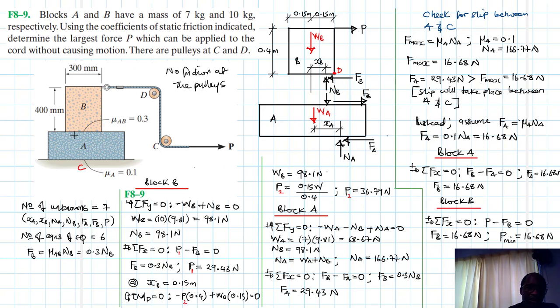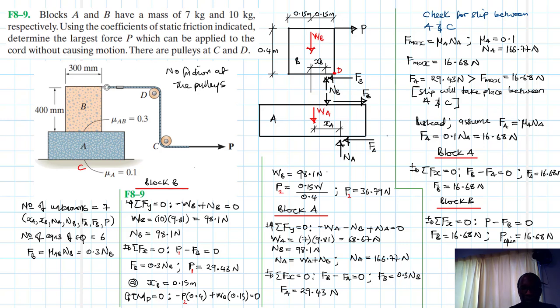Of course, there is no need to check for slip between B and A, because we already know the maximum friction at B, because that is what we had initially started with. The value that we found there was 29.43, okay?